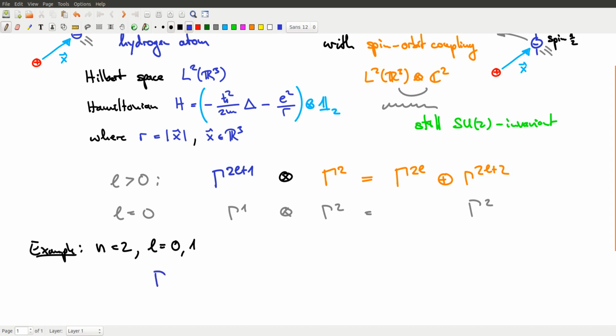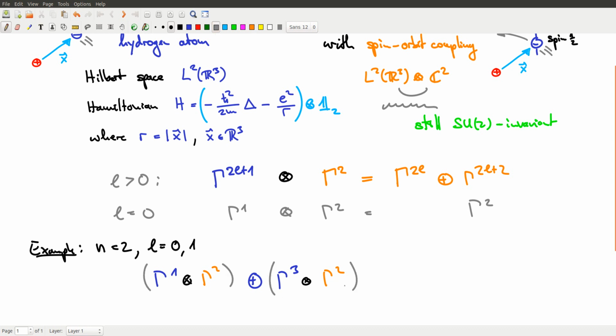So we start here with a gamma 1 for the L equals 0, and let's say a gamma 3 for the L equals 1. And now we have to tensor each of them with a gamma 2. So there's a gamma 2 here and a gamma 2 here.